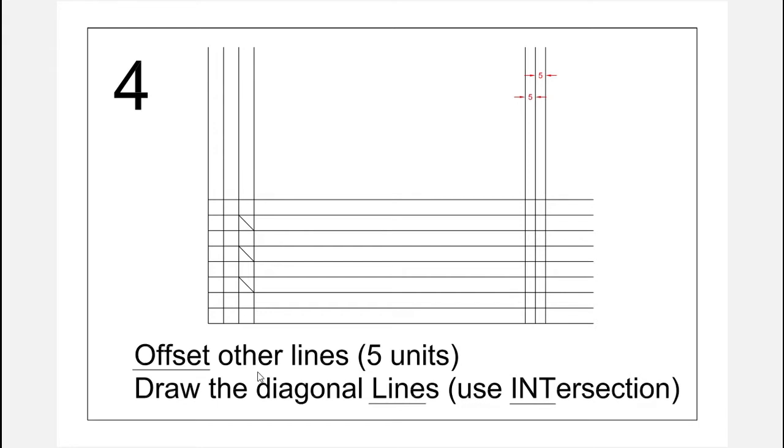Now, we need to add these diagonal lines. So how do we do that? We use the intersection of the OSNAP. Or we turn on the OSNAP command and set intersection as the default. We check it.